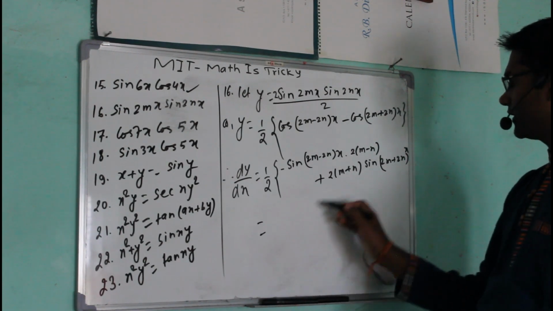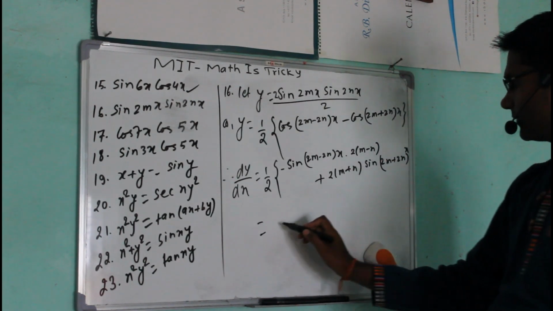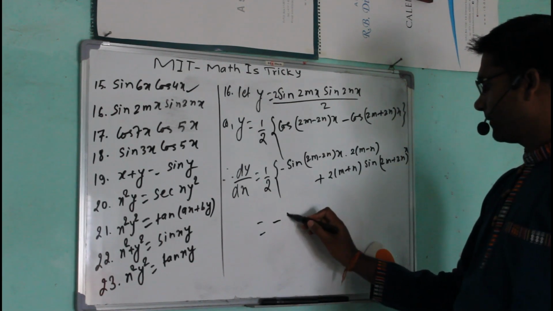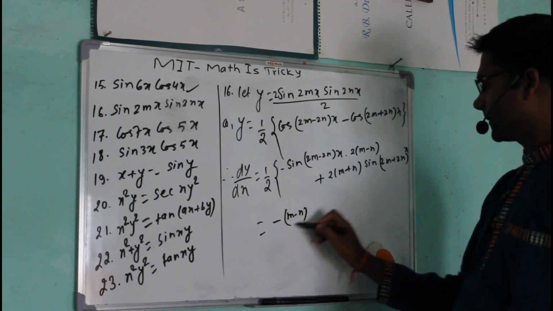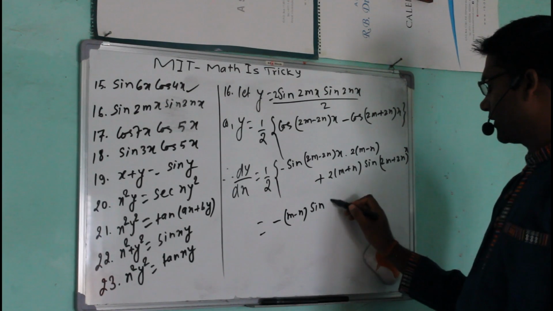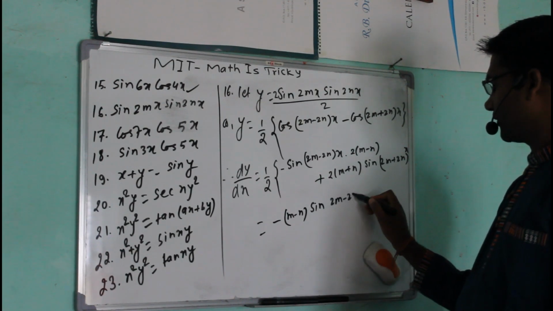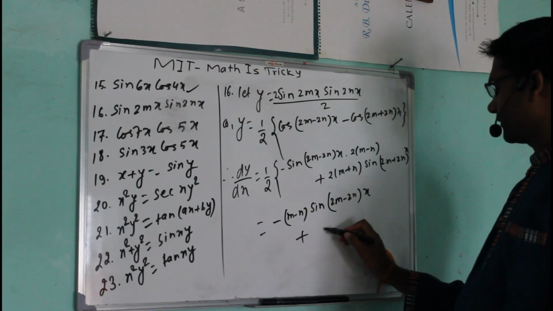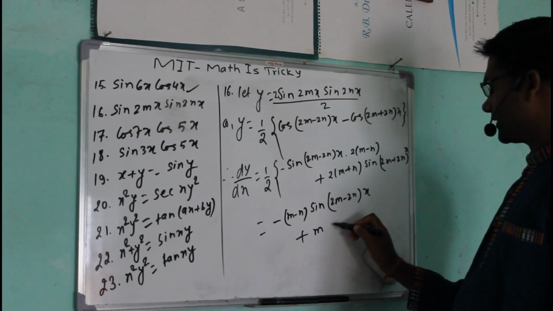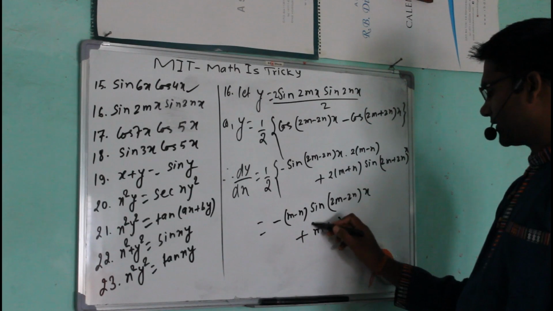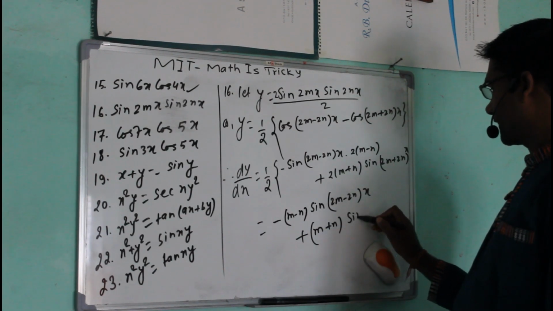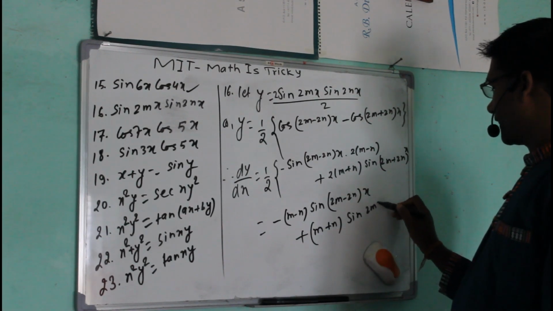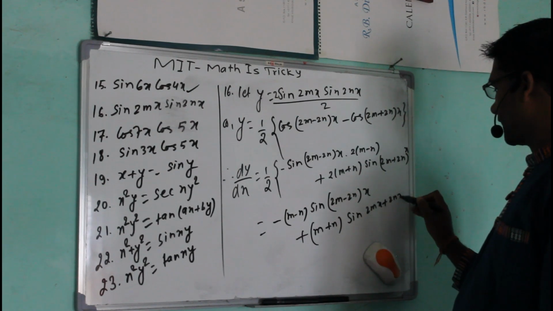So 2 and 2 cancel, and it will be minus (m minus n) sine of (2m minus 2n) x plus (m plus n) times sine of (2mx plus 2nx). That's your answer.